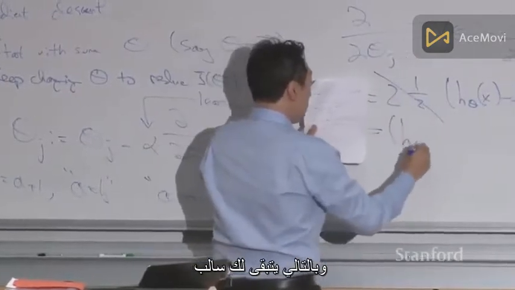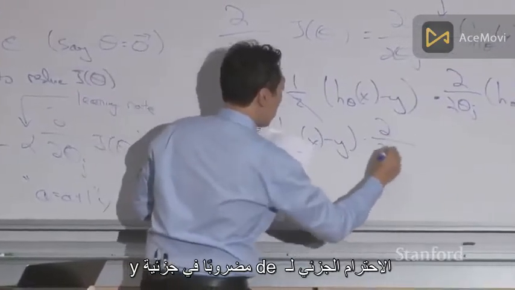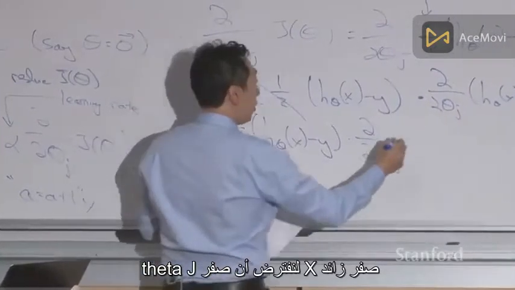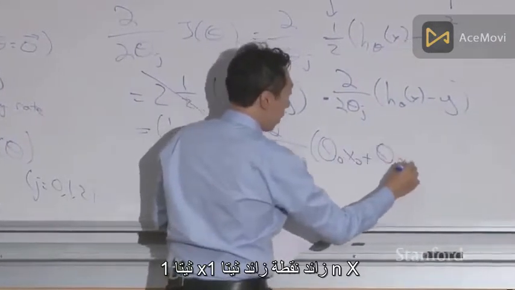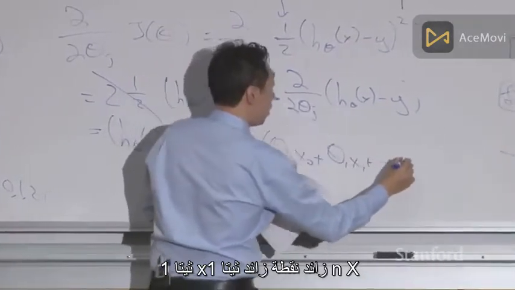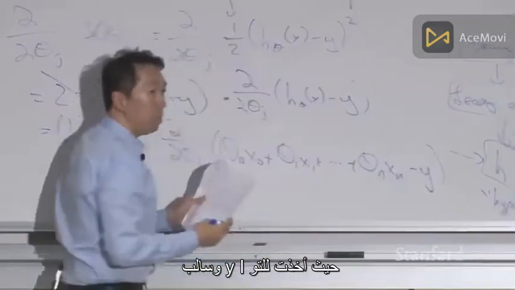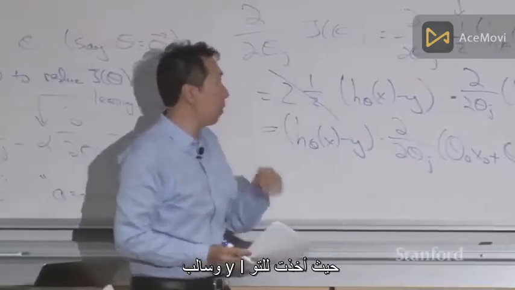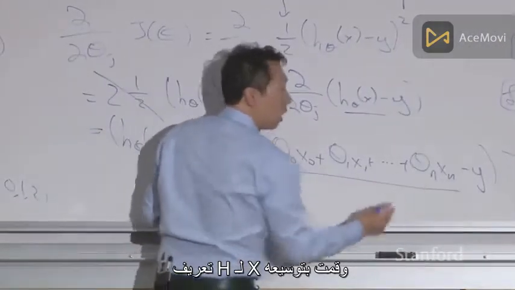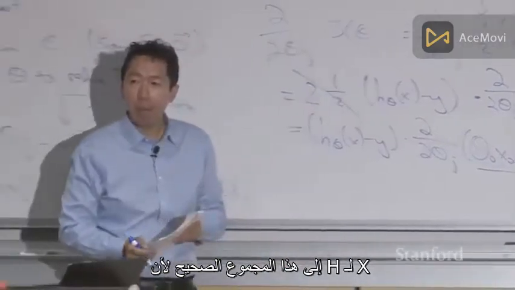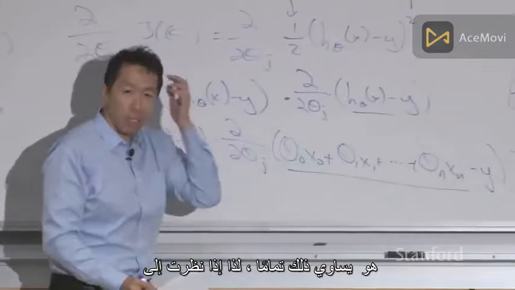This leaves you with h minus y times the partial derivative with respect to theta j of theta 0 x0 plus theta 1 x1 plus dot dot dot plus theta n xn minus y, where I just took the definition of h of x and expanded it out to that sum, because h of x is just equal to that.